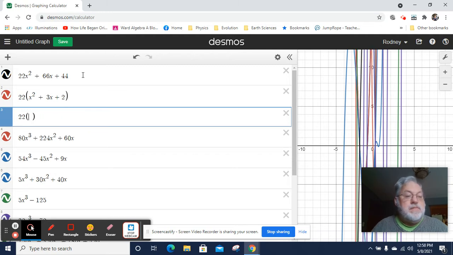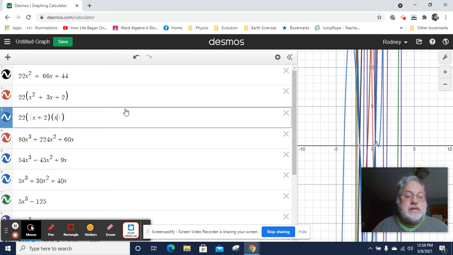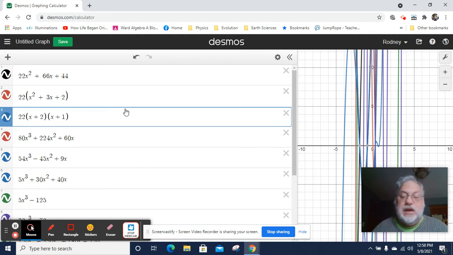I've got x squared plus 3x plus 2. I need two factors of 2 that add up to 3, and those will be 2 and 1. So I'm just going to say x plus 2 and x plus 1, and we are done factoring that one. That was pretty straightforward once we noticed that there was a 22.